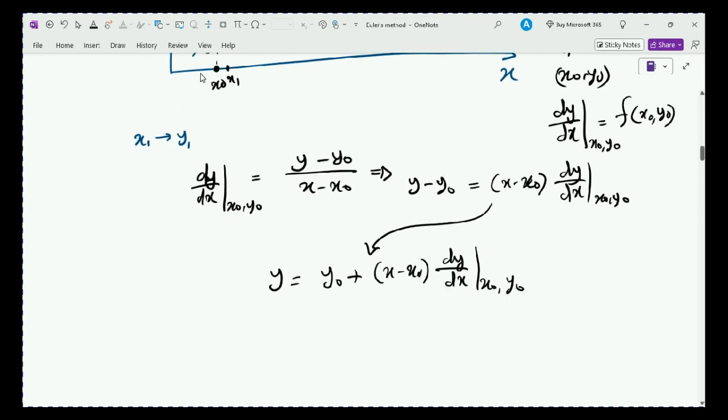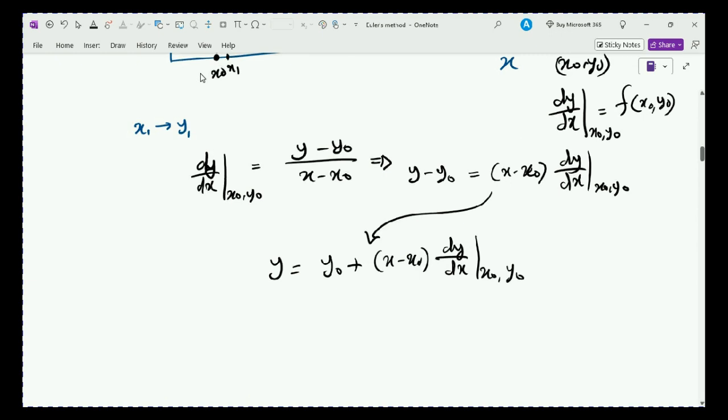Okay, so from this equation we can write an expression for y1. So y1 equal to y0, you put x1 here, y0 plus x1 minus x0 dy by dx at x0, y0.